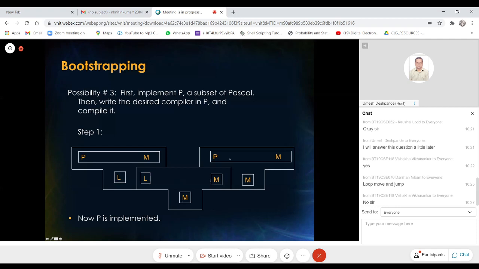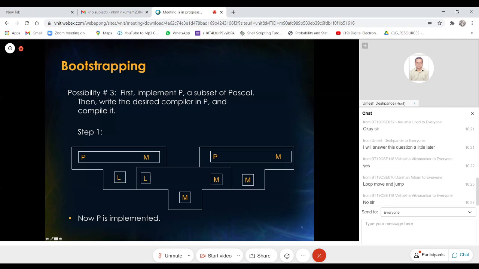And we get the executable version of this translator that translates any program written in P to an equivalent program written in language M. And since this is the executable version, we can run it on the processor.